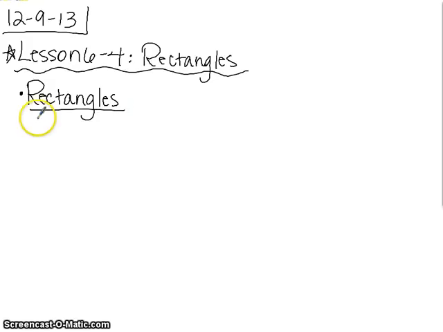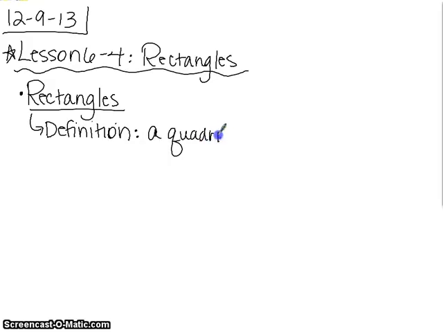Let me start with the definition of a rectangle, and then I'll share with you some additional properties of a rectangle in addition to the parallelogram ones. So a rectangle is defined as a quadrilateral with 4 right angles.